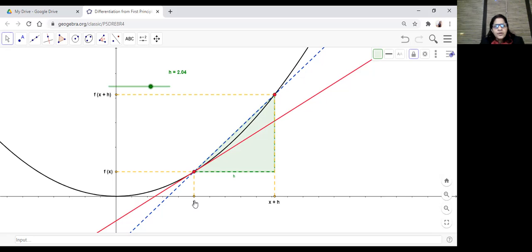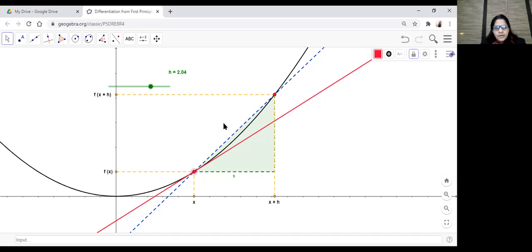Here you can see this length is f of x, so this point is (x, f of x), the coordinates of the point. Similarly, here you can see x plus h, f of x plus h. I am moving h, so Q will approach P, and this length is h.